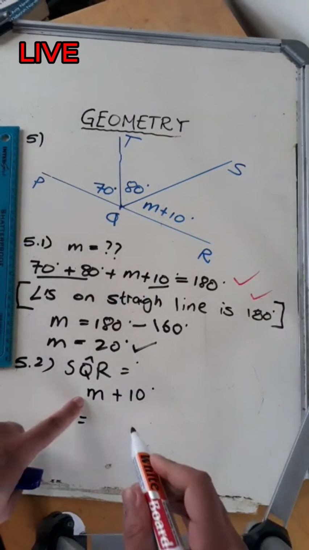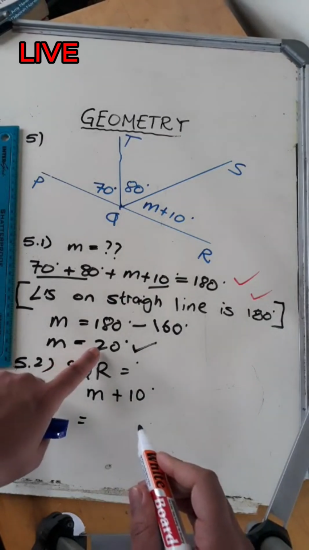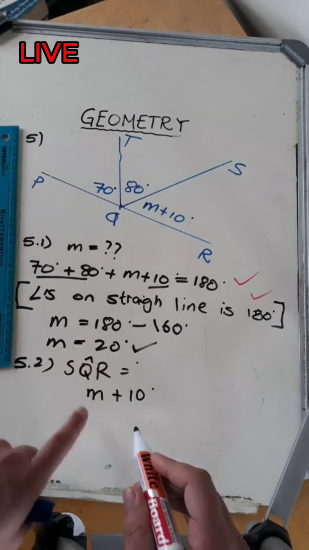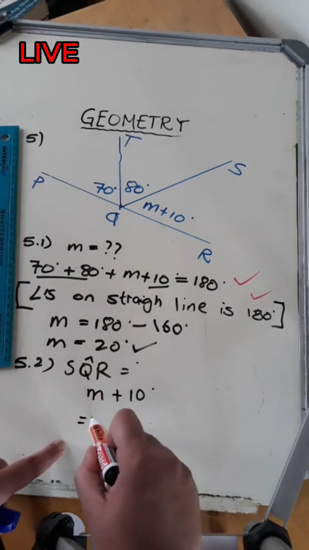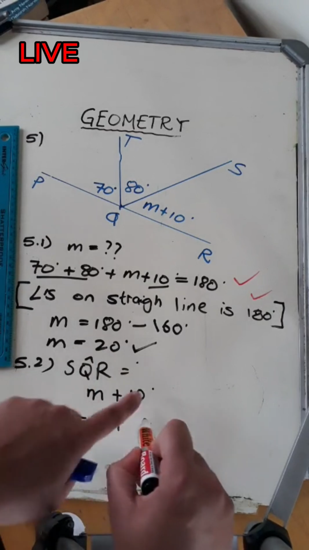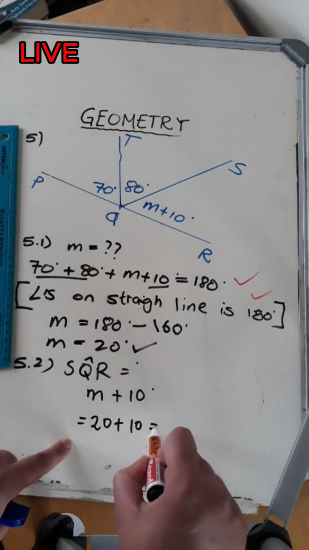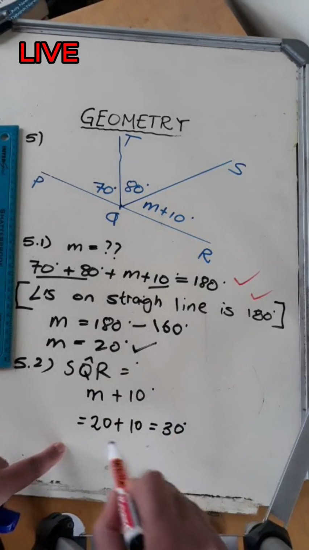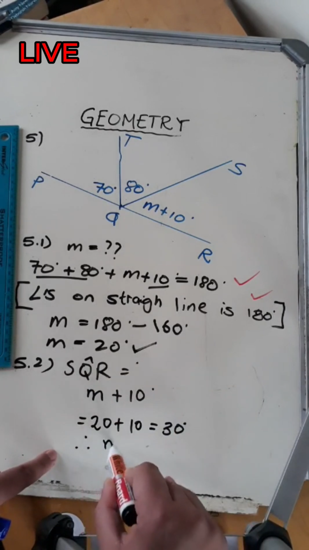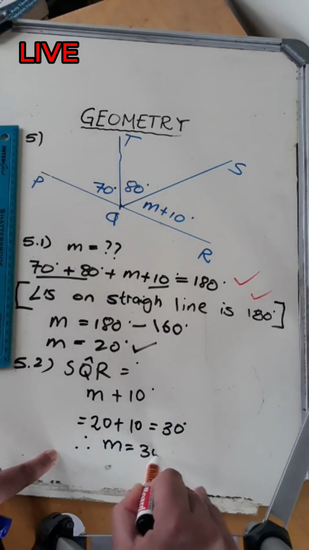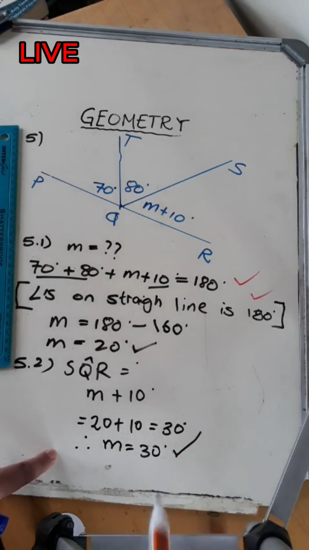But what do we know about M? We already calculated M. M is equal to 20 degrees. So instead of M, I'm going to have now 20 plus 10, which is equal to 30 degrees. So SQR is equal to 30 degrees, and this here is your final answer.